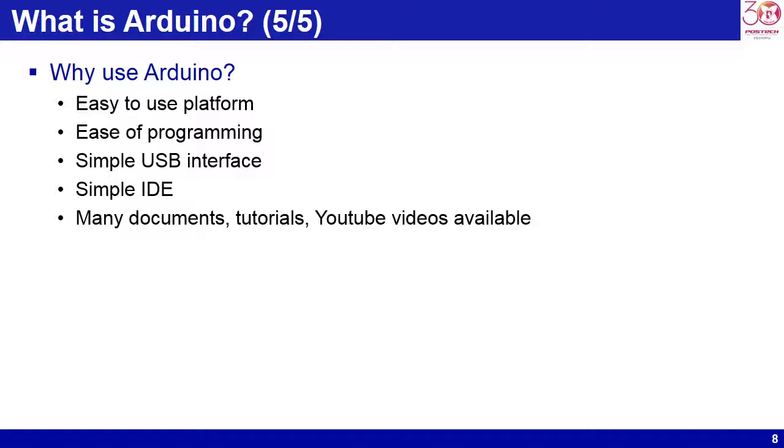As for the development environment of Arduino, the IDE is also very simple. In addition, you can easily find much of the information you need through YouTube videos, documents, and tutorials on the internet. This is because many people are already using it and sharing their experiences and codes.